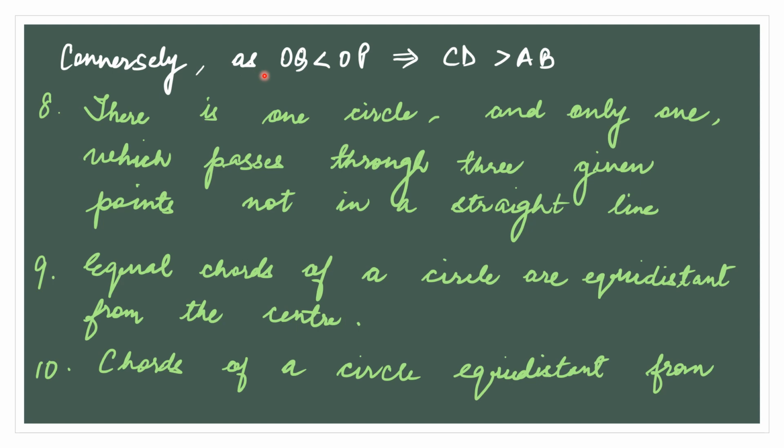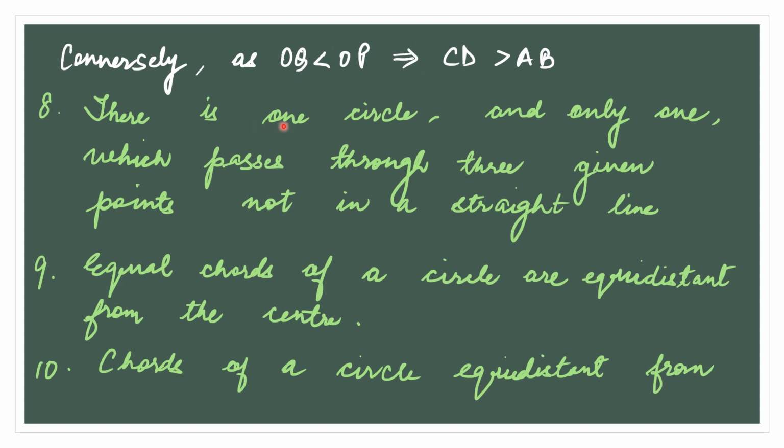Conversely, as OQ is less than OP, it implies that CD is greater than AB. OQ is the length of the perpendicular drawn on CD, and it is less than OP. So if OQ is less than OP, the chord CD is greater than AB, because it will be nearer.